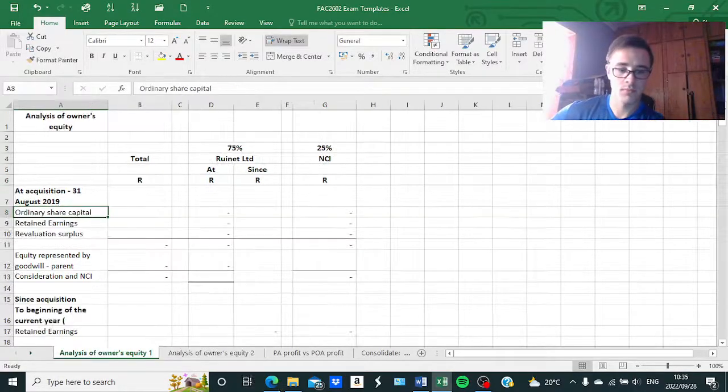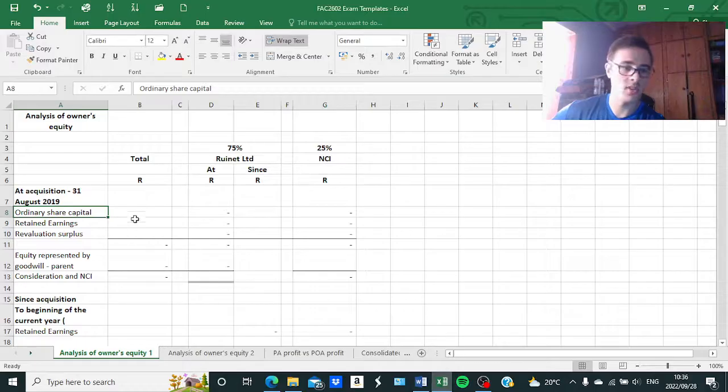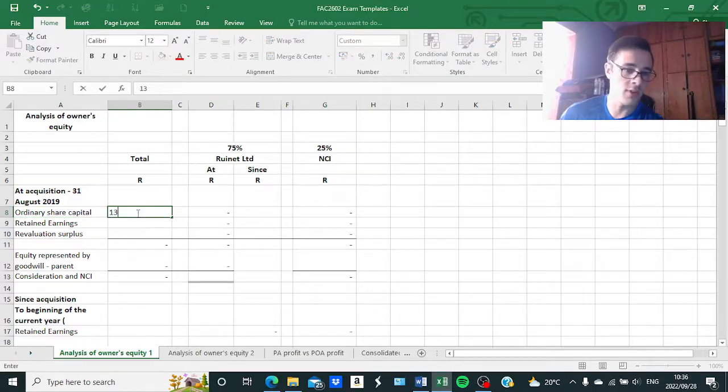Then, at that date, the equity of Natex Limited comprised the following balances. So these were the balances at acquisition for Natex Limited. So we have share capital, more specifically ordinary share capital, amounting to 1.35 million. So ordinary share capital 1350.